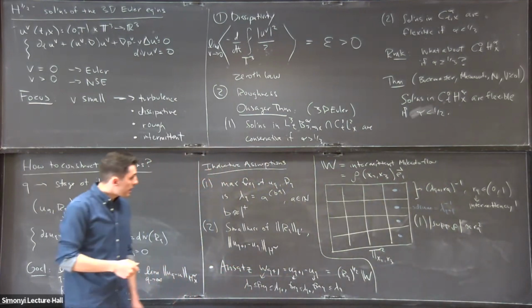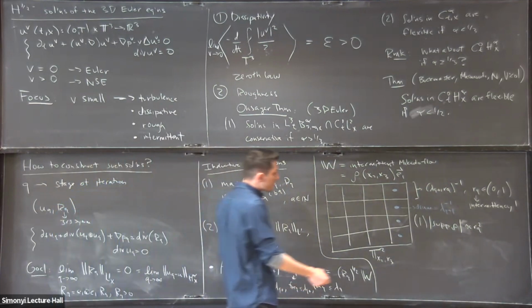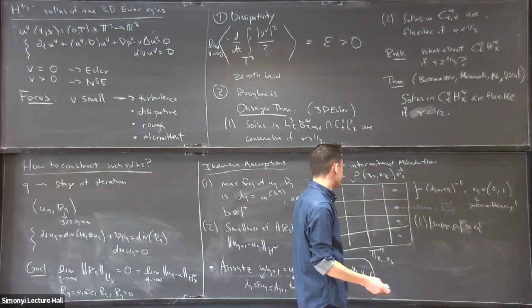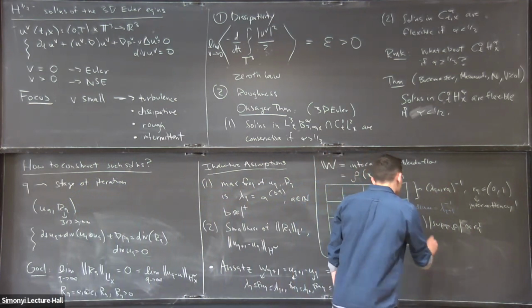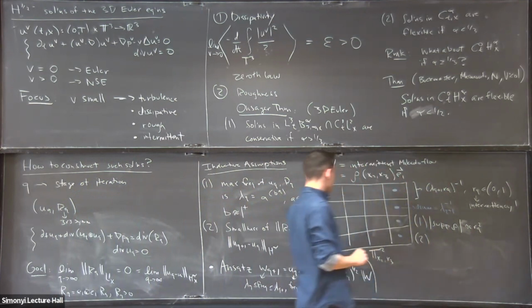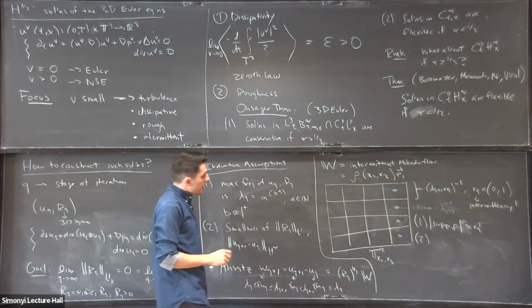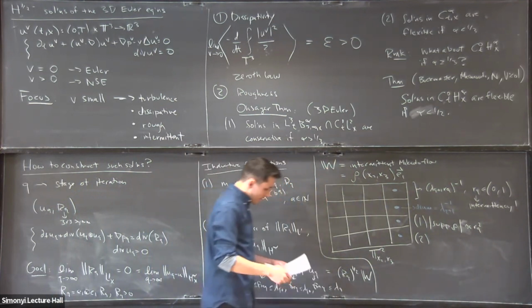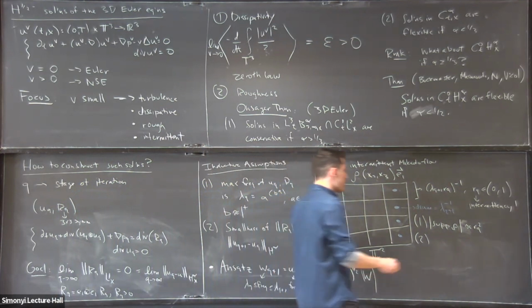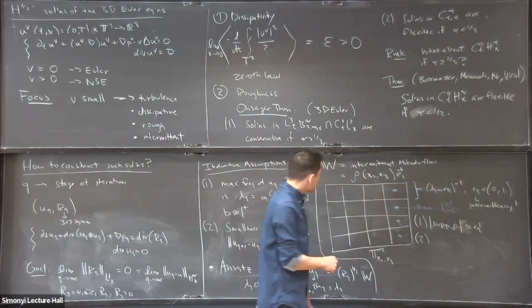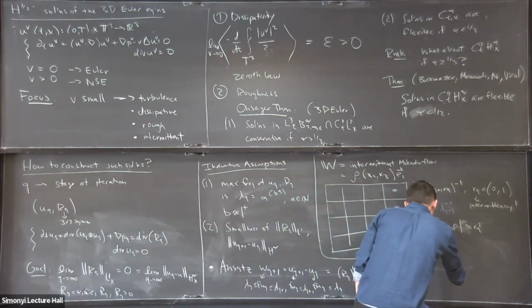So this is where my sparsity comes from. It comes from the support of this thing. And I want some other properties on this guy. And what are they? So I should note that it solves Euler. That will of course be useful.